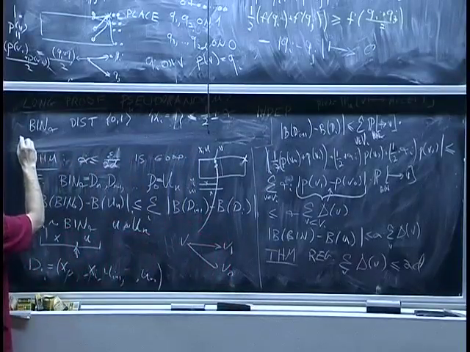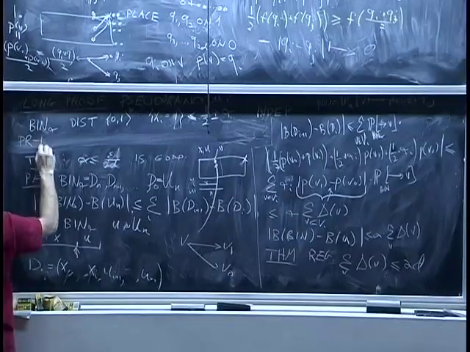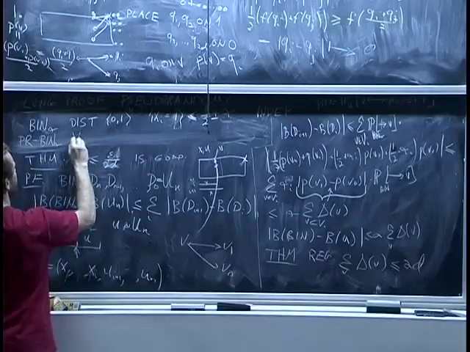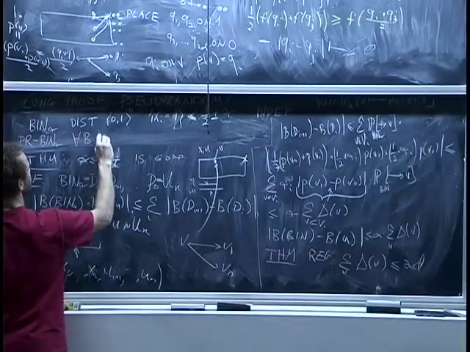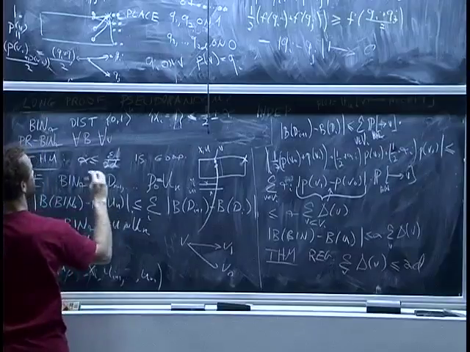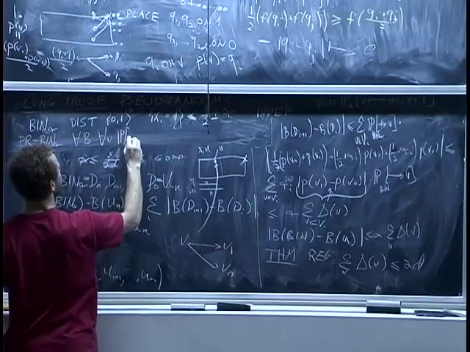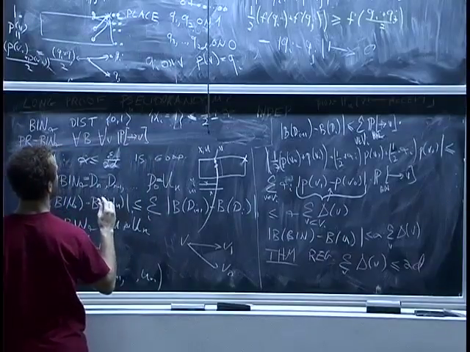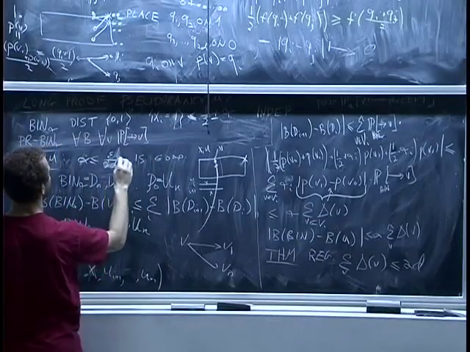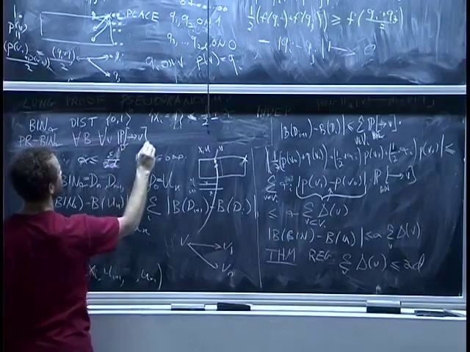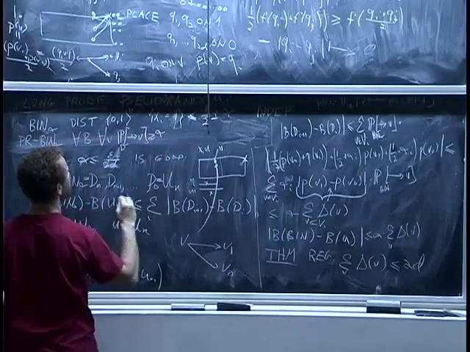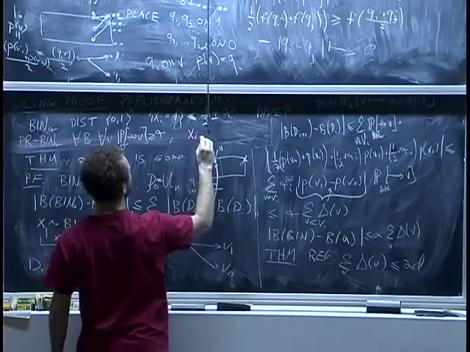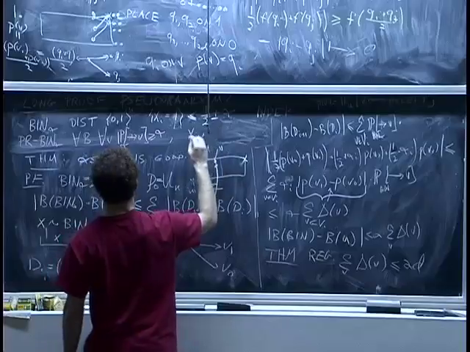So the pseudo-random version of this is that for every branching program and for every vertex in that program, the probability that v is reached by this distribution is more than alpha, then xi plus 1.